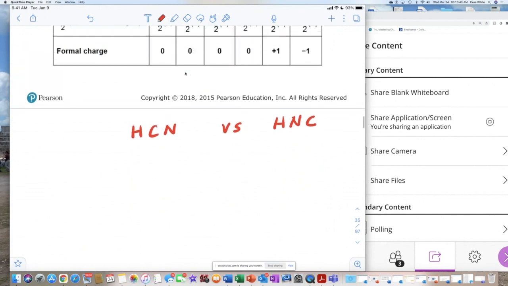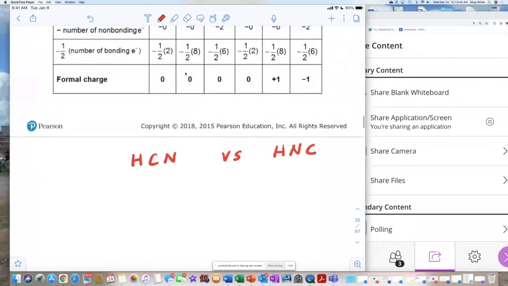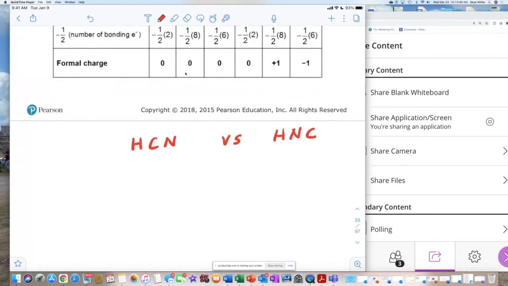Okay, so before I go into all this, I forgot to define one thing. What's the formula for the formal charge? The formal charge is usually abbreviated FC.